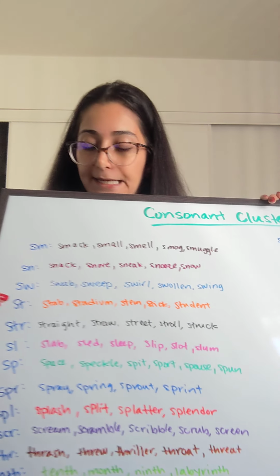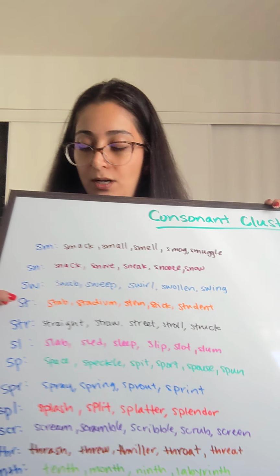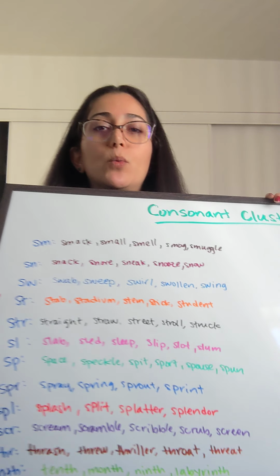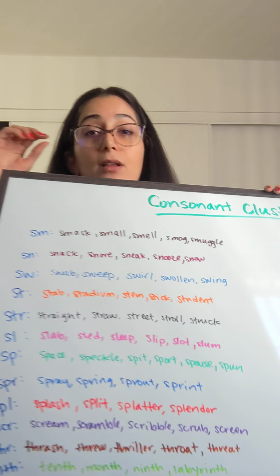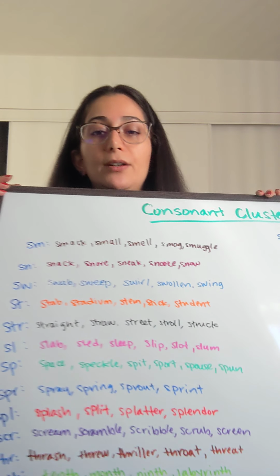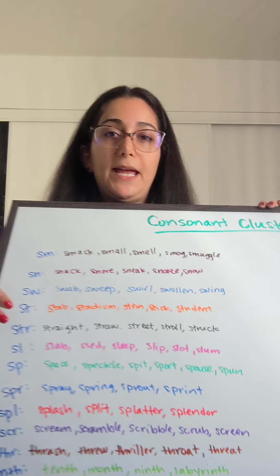Then we have ST, like stab. All of these, the ones that start with S, are often the ones that people want to begin with a vowel sound. A lot of languages don't have words that just start with an S sound, so there's a tendency to say things like estab or esten.